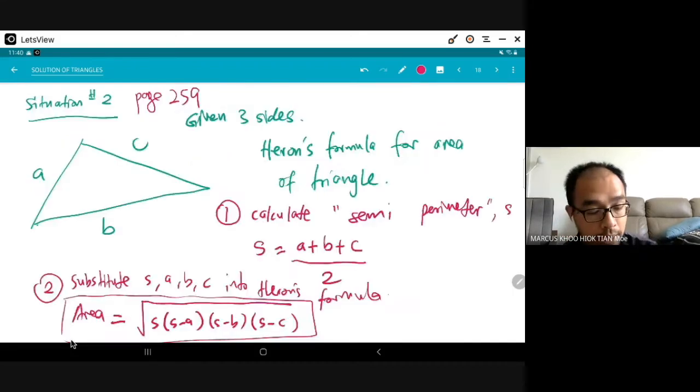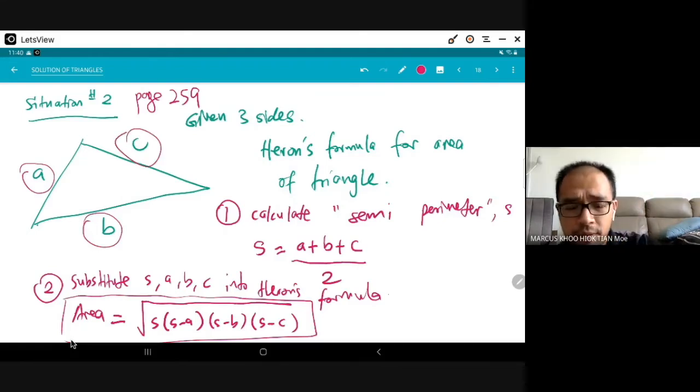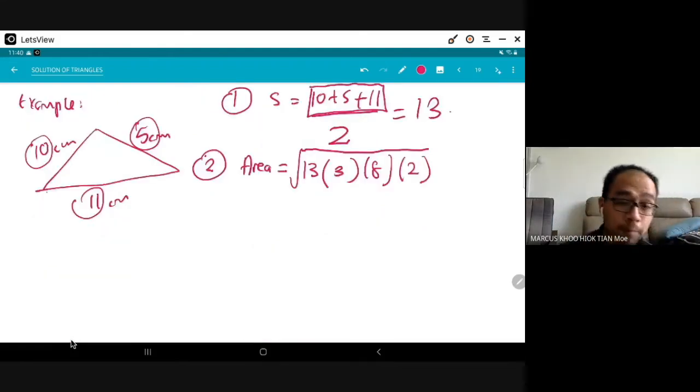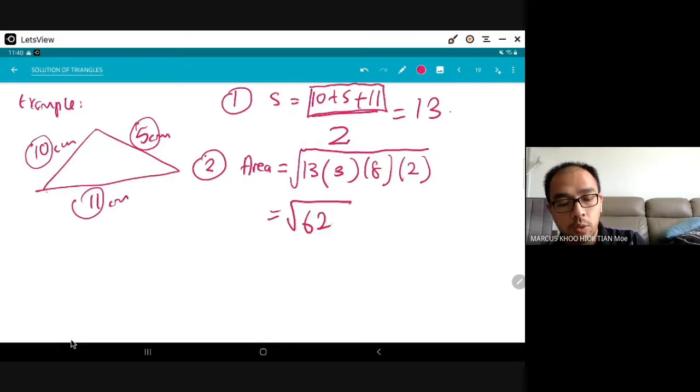S minus A, S minus B, S minus C. Just minus, minus, minus only. It's actually very, very simple. So what do we get? We get 13 times 3 times 8 times 2. You get square root of 624, and you will get the answer 24.980 centimeter squared.